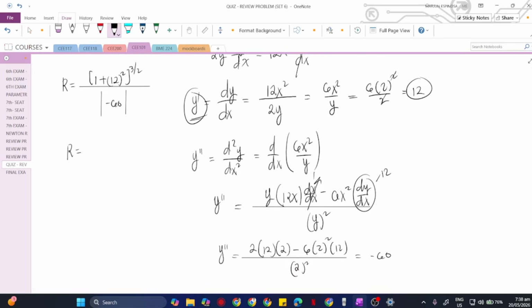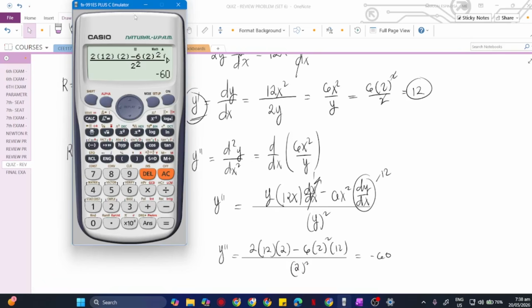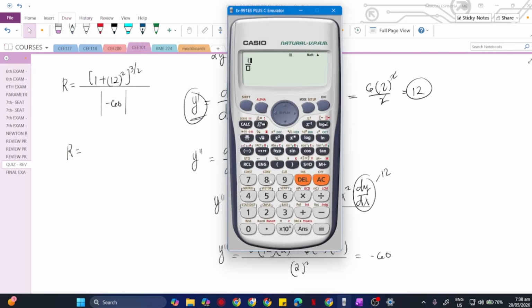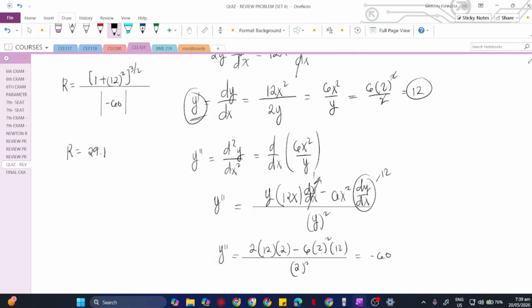So the radius of curvature would be 1 plus 12 squared raised to the power of 3 halves, or 1.5, then absolute value (shift abs, look for the abs), of negative 60, or just basically positive 60. So our answer here would be 29.1. Okay, that would be our answer for this problem.